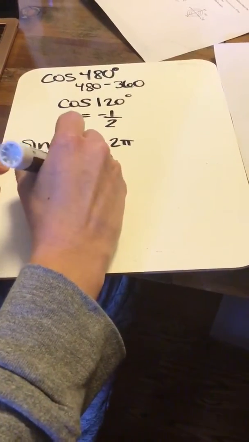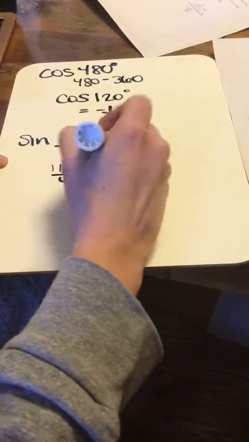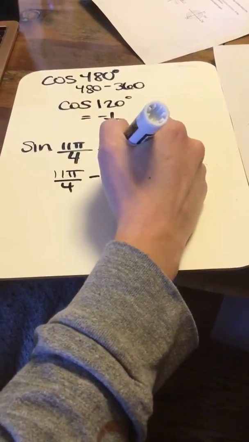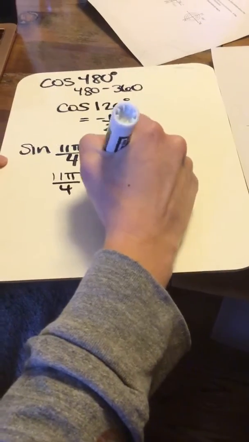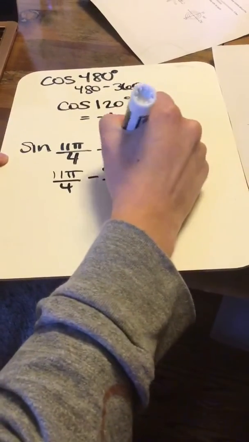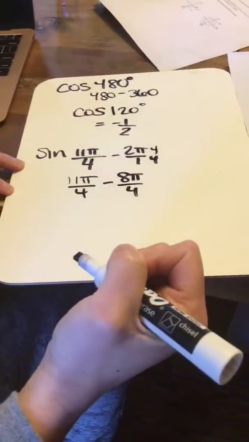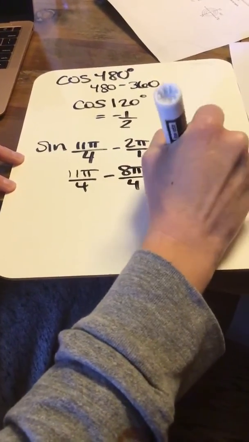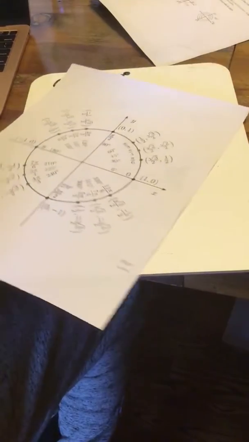So if I do 11 pi over 4 minus 8 pi over 4, so I just found a common denominator, that's going to give me 3 pi over 4. So now I'm smaller than 2 pi, so let's see if I can find that on my unit circle.